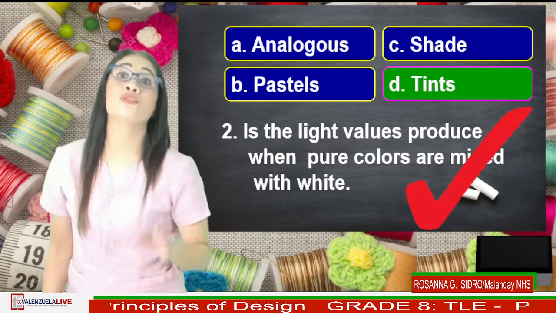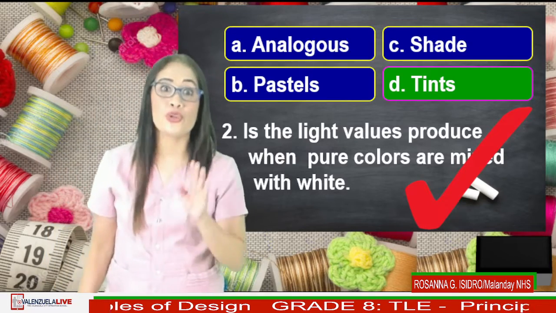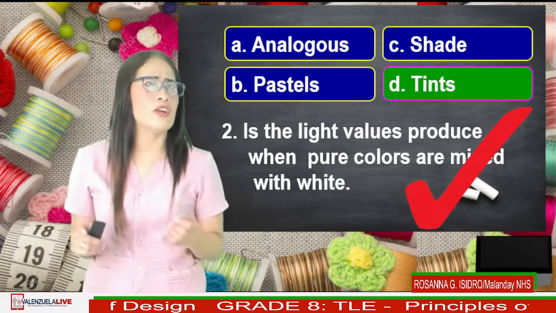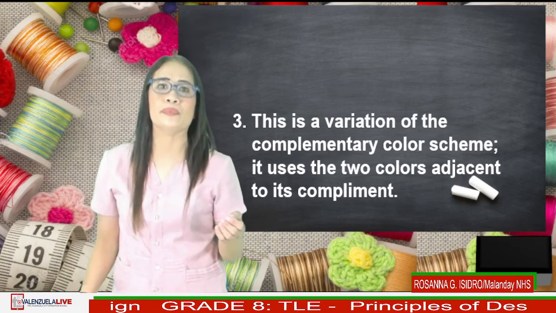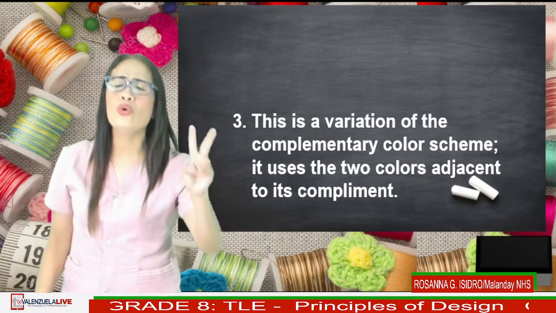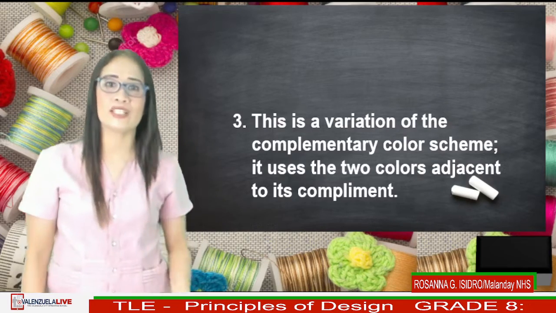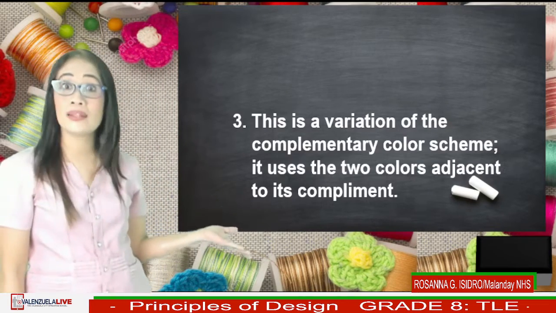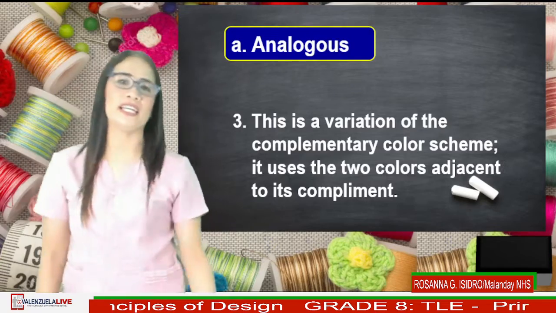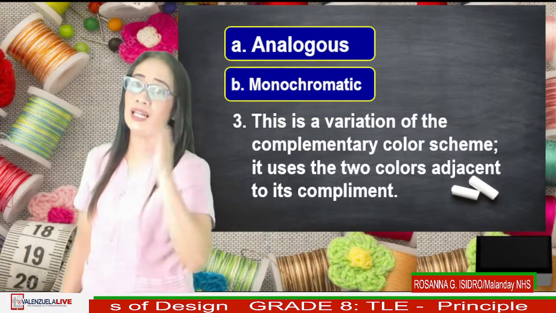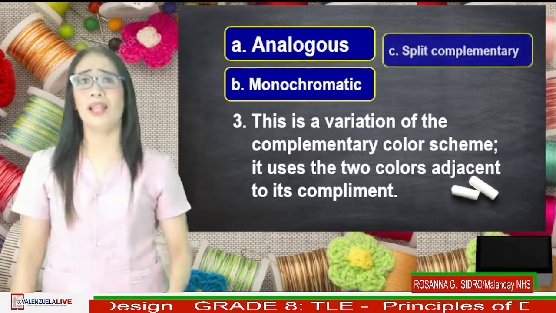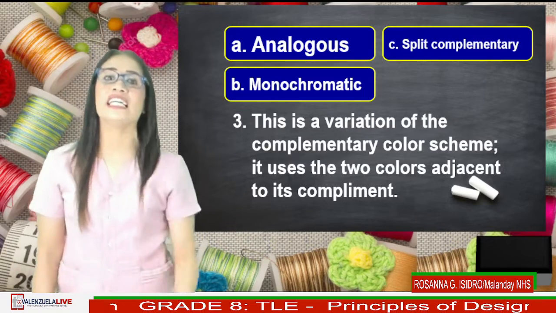Number 3. This is a variation of complementary color scheme. It uses the two colors adjacent to its complement. It is letter A, analogous, or letter B, monochromatic, letter C, split complementary, or letter D, triad.